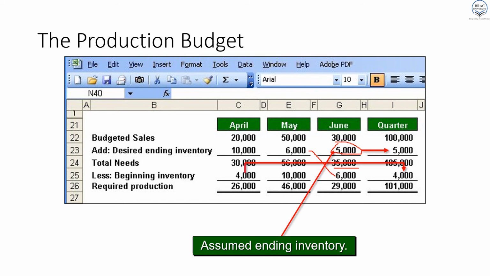So you see in the quarter, of course, we do some summing across in terms of numbers. But for the desired ending inventory, you see I have taken only 5,000. If you were to add them up, let's say 10,000, 6,000 and 5,000, you would have got how much? 21,000. But that is absolutely wrong. Why? Because those units are actually used up by each month's budgets. So you are producing it, you are using it.